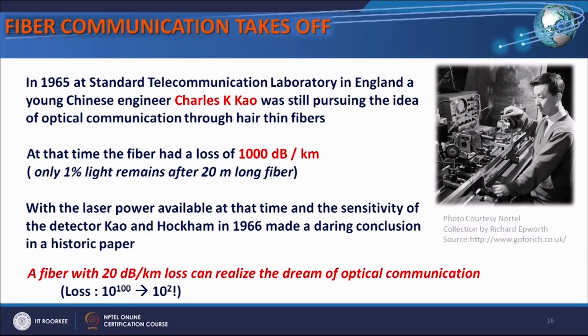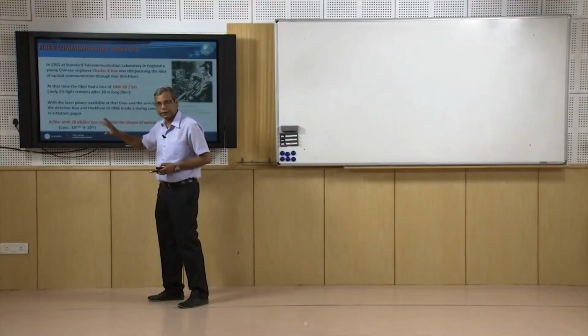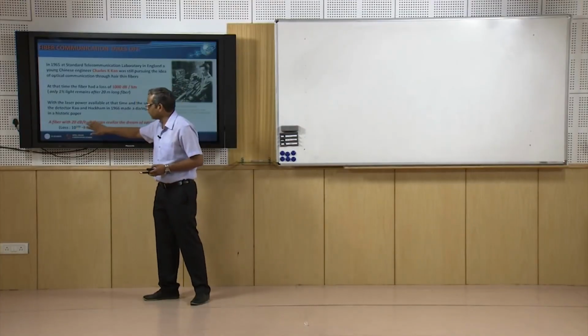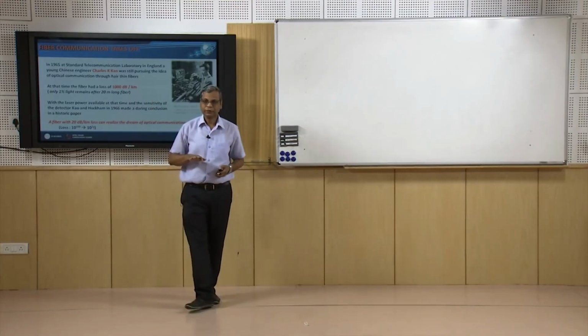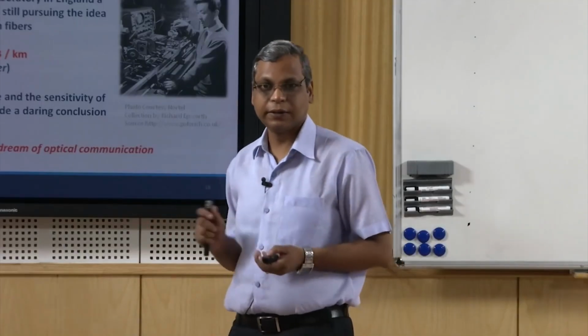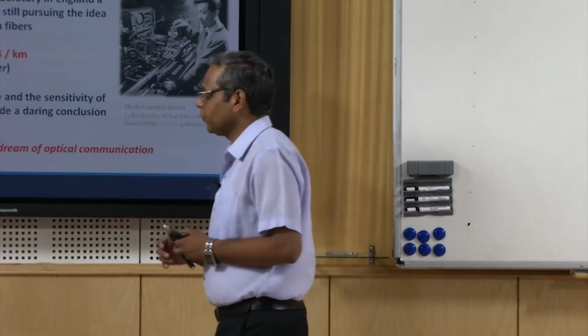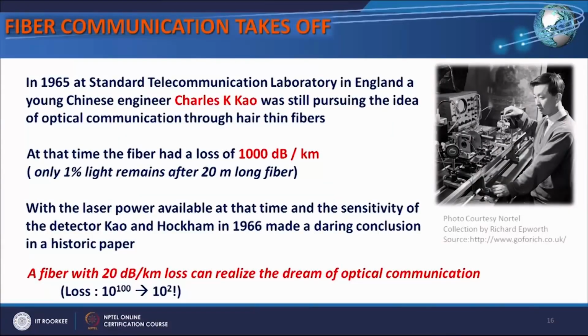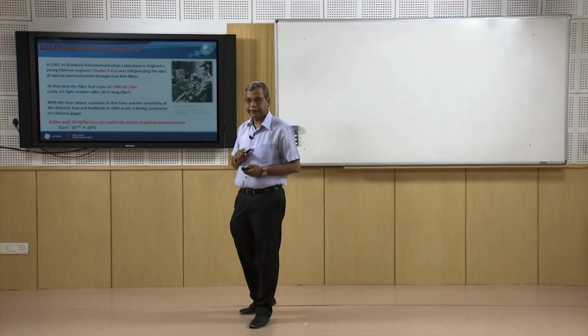It means that you are bringing down the loss factor from 10 to the power 100 to 10 to the power 2. I hope it is not a joke. Bringing down the loss factor from 10 to the power 100 to 10 to the power 2, but their study was very extensive and some people took it very seriously.